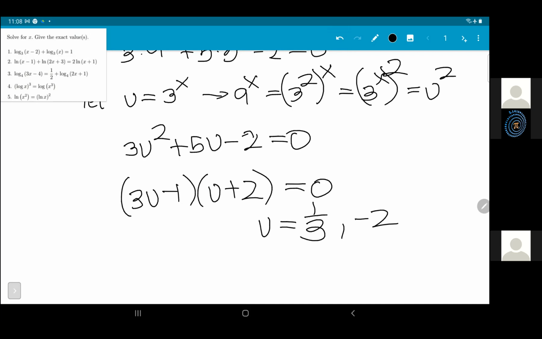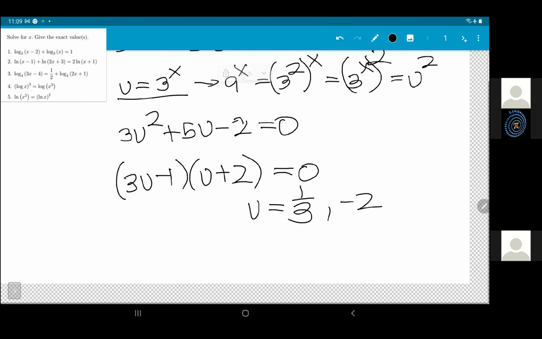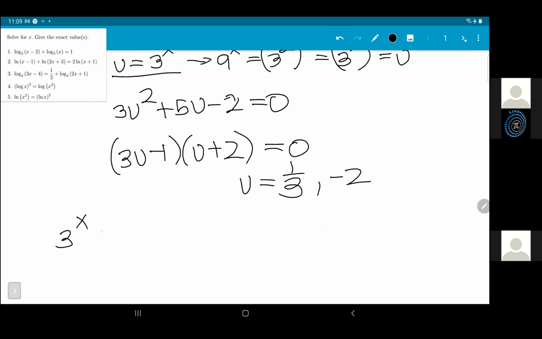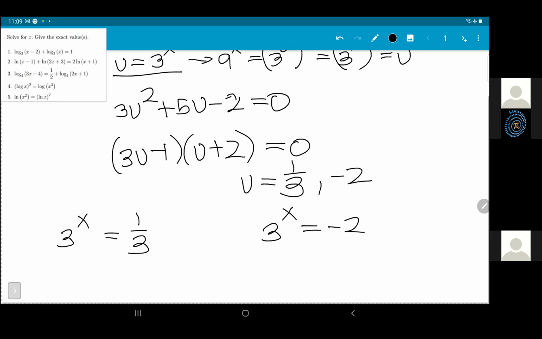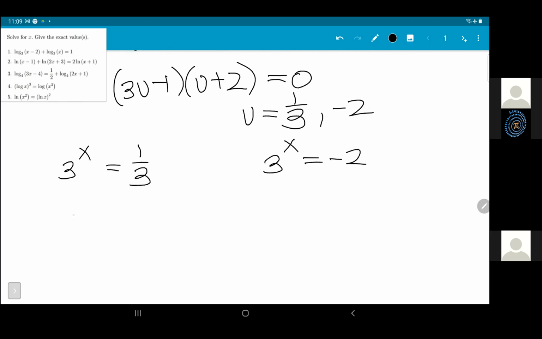And then you do cases. Since u is equal to 3 to the x, case 1, 3 to the x is equal to 1/3, and case 2, 3 to the x equals negative 2. Now for the first one, you can just answer it directly as negative 1, or if you don't see that, you can rewrite 1/3 as 3 to the negative 1, and you compare exponents, so x equals negative 1.